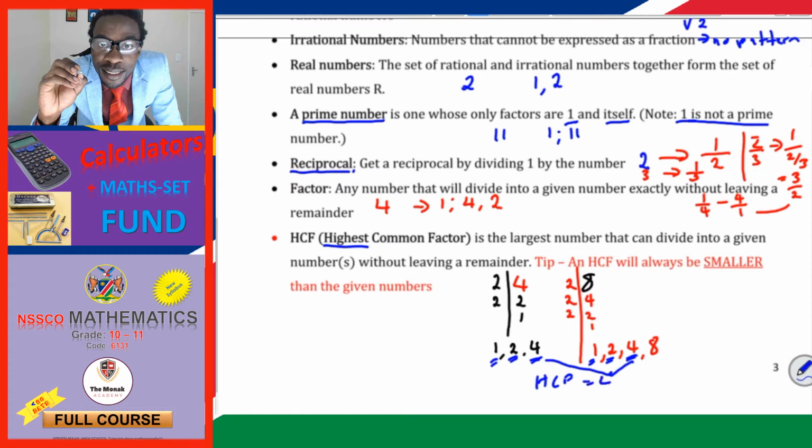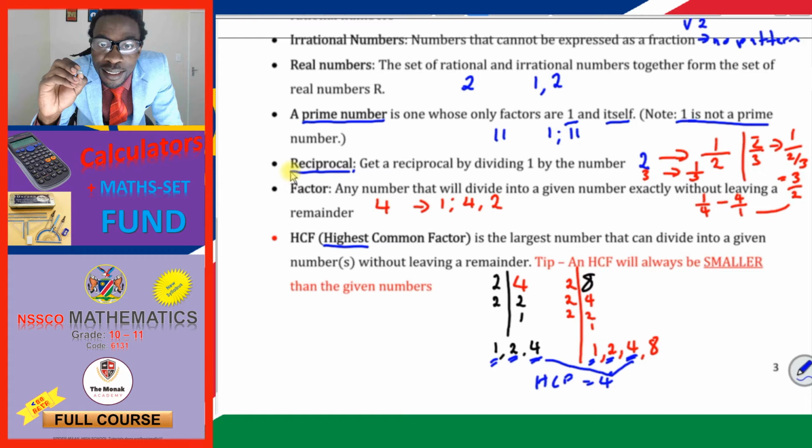Alright, we will use examples to illustrate more on how to calculate the highest common factor. In other words, what you must know, the highest common factor will always be either exactly equal or smaller than the given numbers.